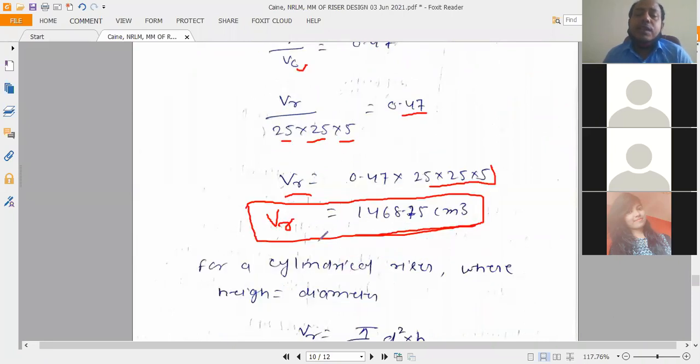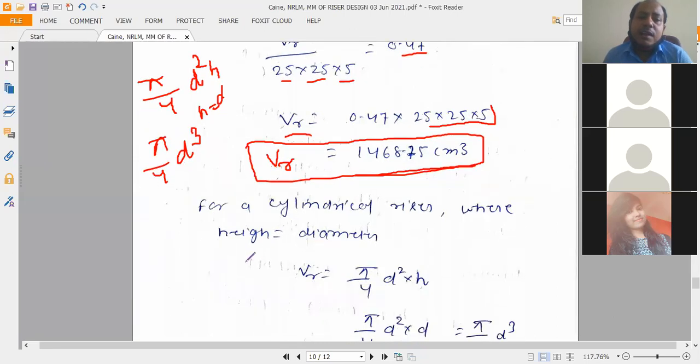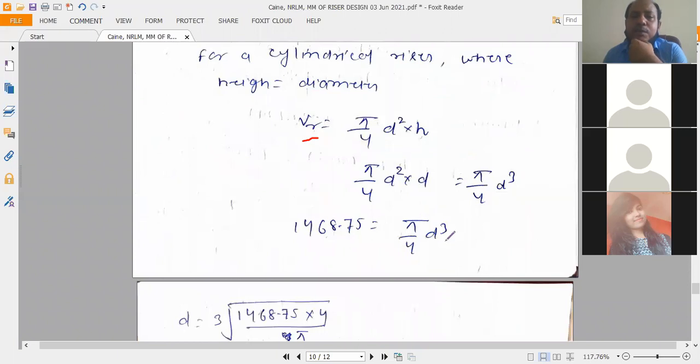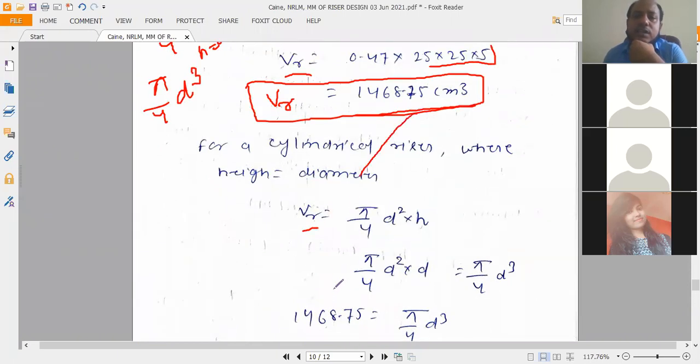So we know the volume of the riser is equal to pi by 4 d square h, and h is equal to d, so it will be pi by 4 d cube. So pi by 4 d cube is equated to this.